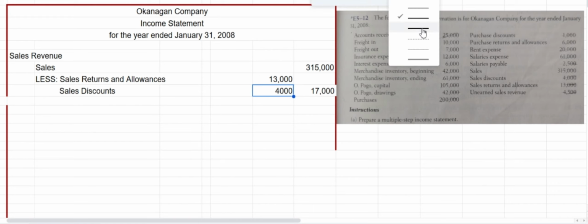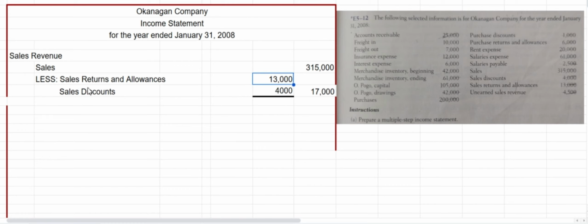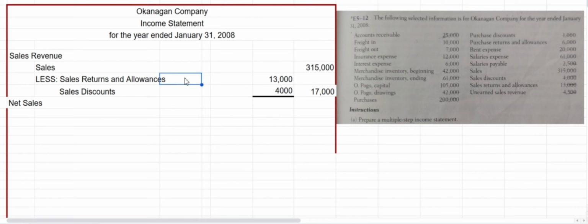Okay, so now we can get our net sales value, which is sales minus sales returns and allowances minus sales discounts.